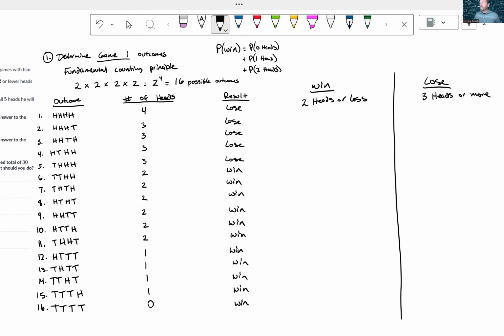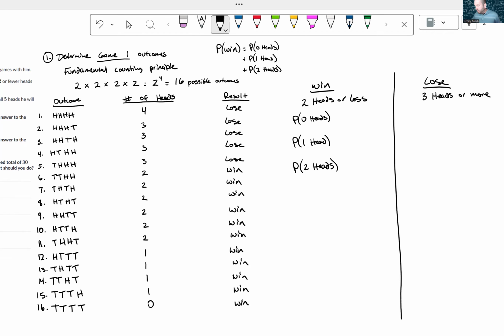Okay, so the probability of winning is 0 heads, plus the probability of one head, plus the probability of two heads, because those are all different ways that we could win.